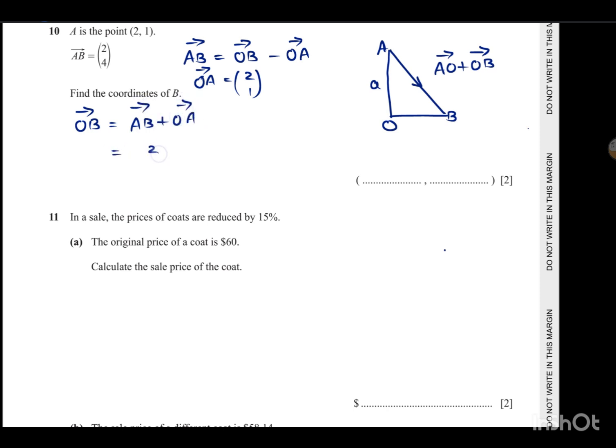AB is given as 2, 4. OA you found out just now. So it will be 2 plus 2, 4, and 4 plus 1, 5. OB is 4 and 5. So coordinates of B are 4, 5.